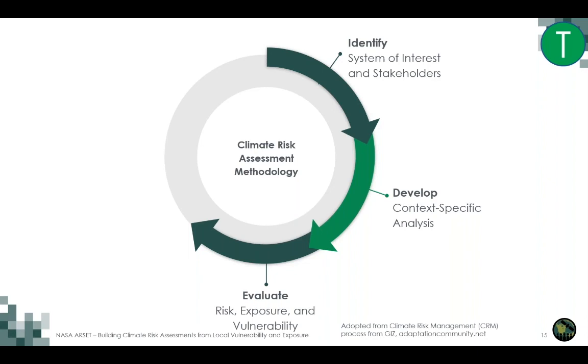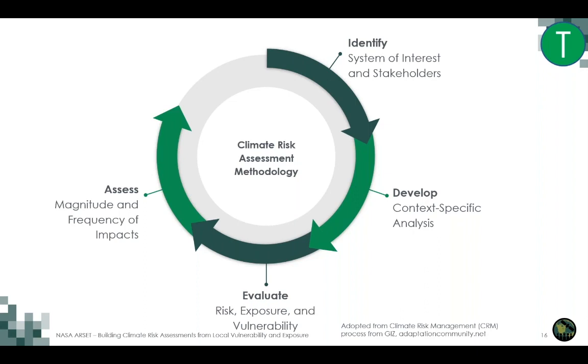The evaluate phase looks at different components of risk, including hazard, exposure, and vulnerability, and brings that from a general set of climate information to specific climate factors that can be linked to specific risks. We then assess the magnitude and frequency and other components of impacts using a variety of diagnostics and models so that we can understand the growing concerns as well as uncertainties in the overall risk assessment.